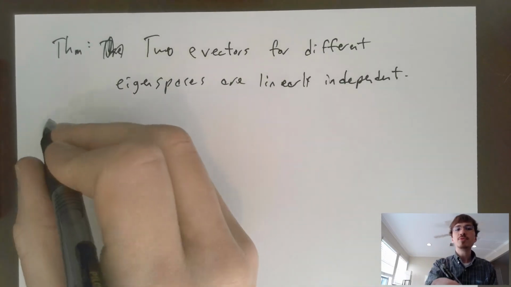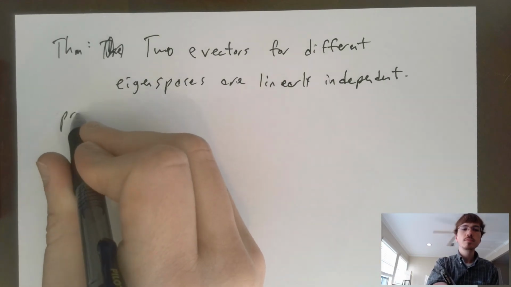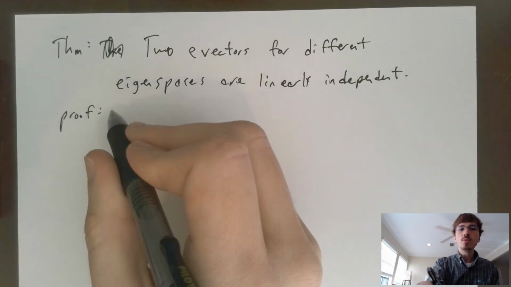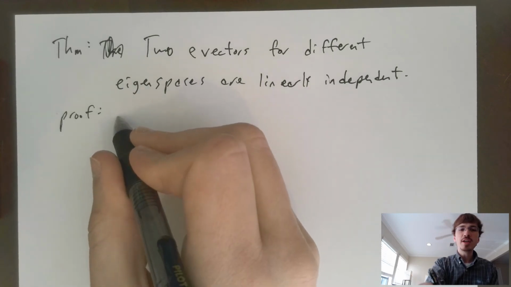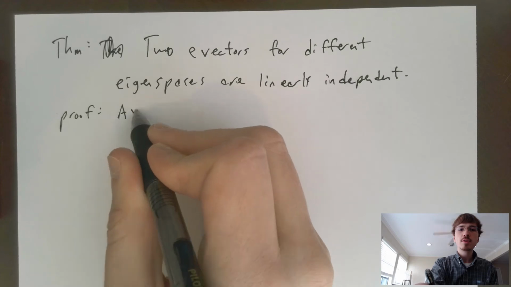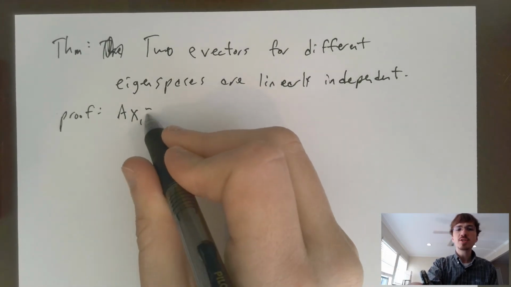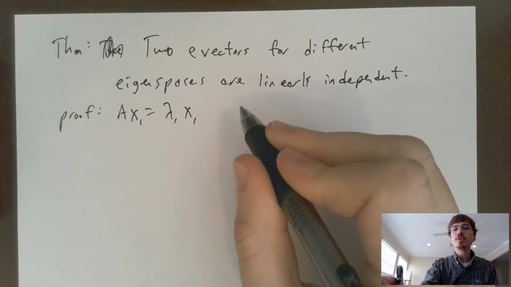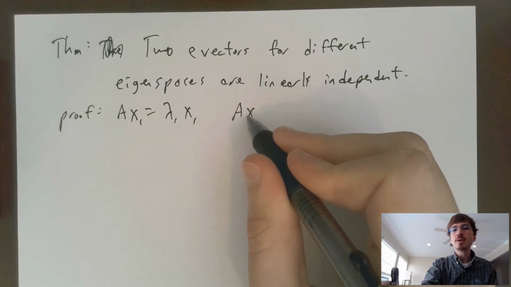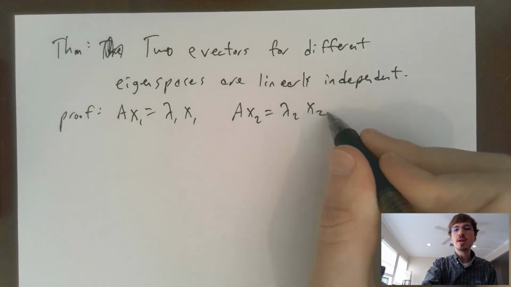So let's see how to prove something like this. Well, we need to start with our eigenvalues and eigenvectors, right? So let's pick an eigenvector for A, and our matrix is A. Suppose that A x1 is equal to lambda 1 x1. And suppose we have A times another vector x2 is equal to lambda 2 times x2.